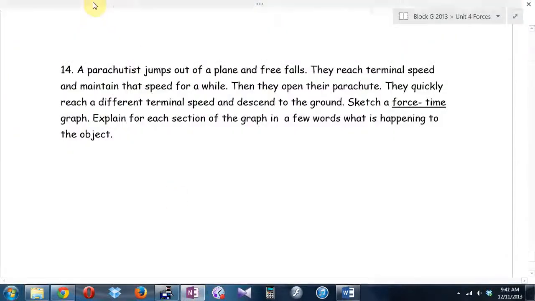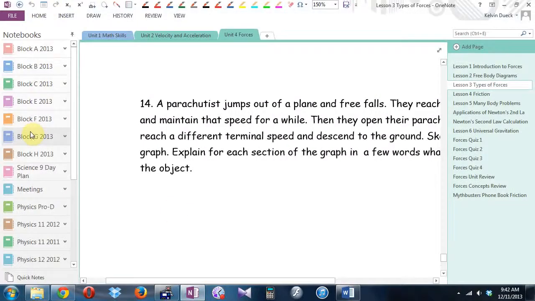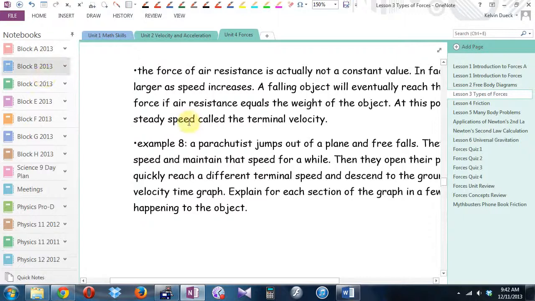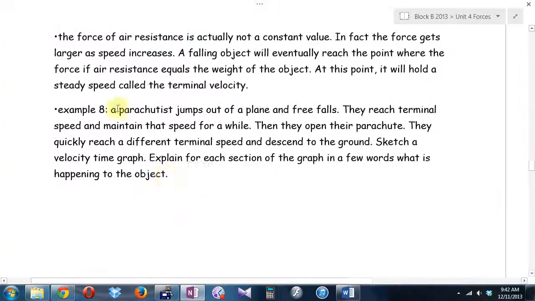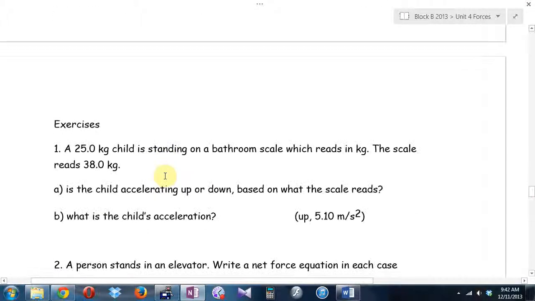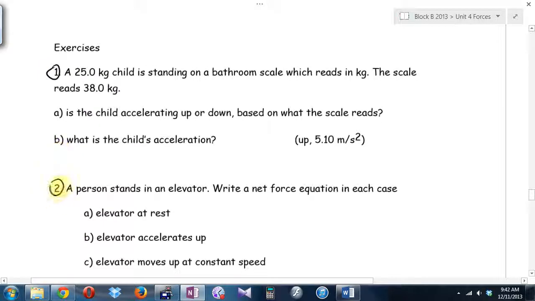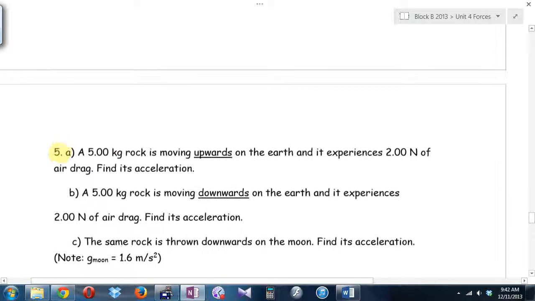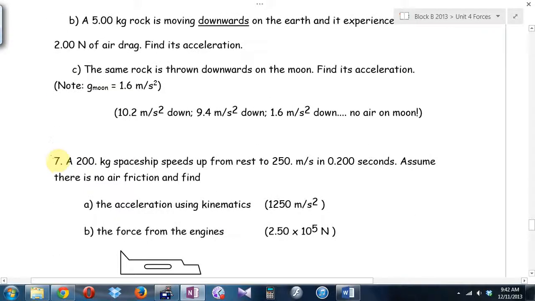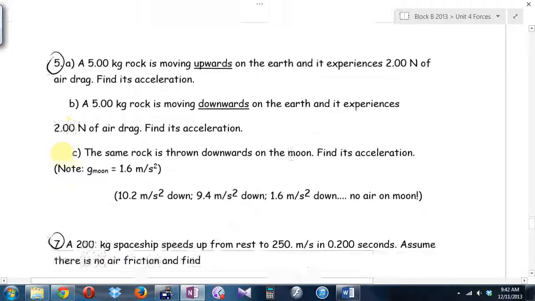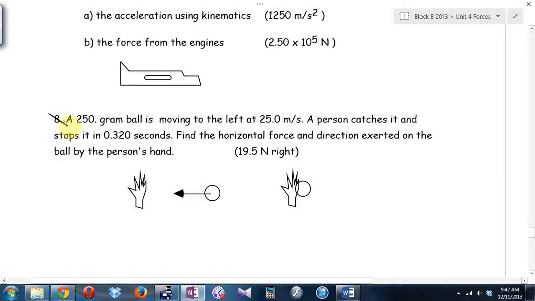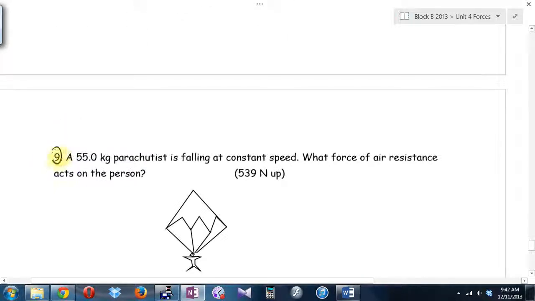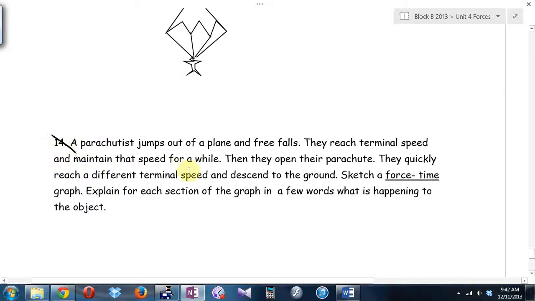Let me write that in here. So do number 1, 2, 3, 4, 5. No 6. Apparently I nuked that. 7. Skip 8. Try 9. Skip 14. You got about 10 minutes, and you also get some time next class as well.